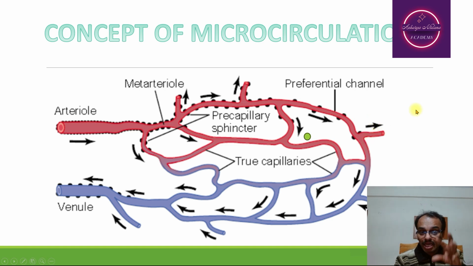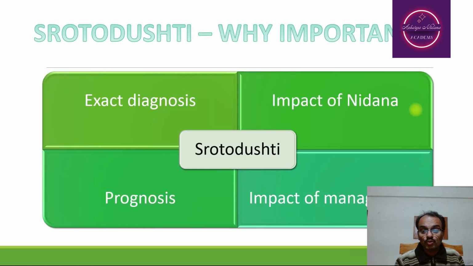This is what actually happens in cases of Srotorodha. Why is Srotorodha important? To make the exact diagnosis, to know about the impact of Nidana in the body, to know about the actual prognosis, and to know about the impact of management.